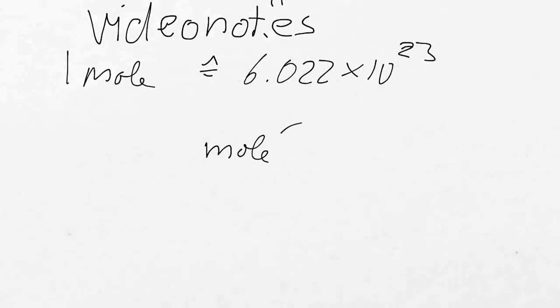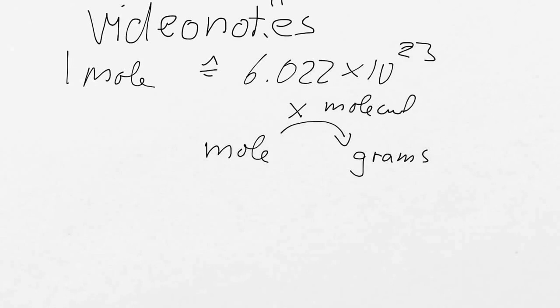So mole into grams. And we said what we need to do is simply multiply the number of moles that we have with the molecular mass of a substance. Or if we want to convert grams into moles, we divide by the molecular mass. And I hope I have done the arrows the right way around.